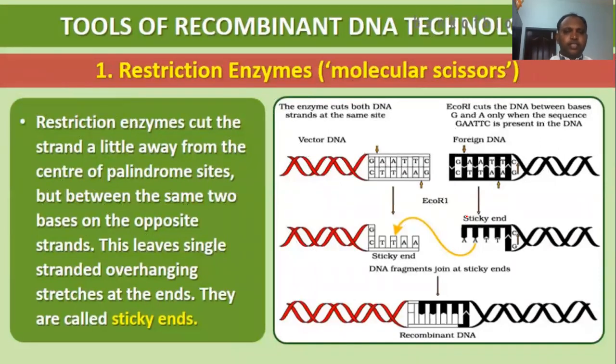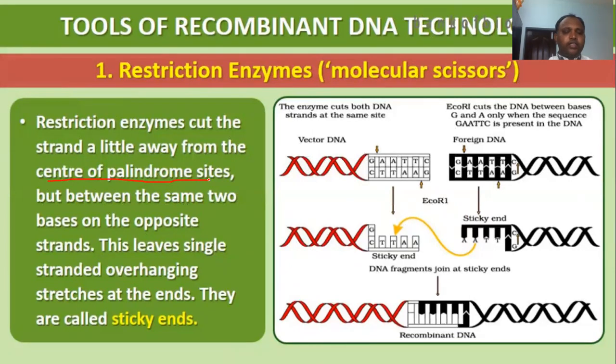These restriction enzymes cut the DNA molecule, the DNA strand, a little away from the center of the palindromic site. So a little away from the center of the palindromic site, but in between the same, and two bases on the opposite strand. And when we are cutting a little away from the center of the palindrome, it leaves single strand overhang stretches at the end.